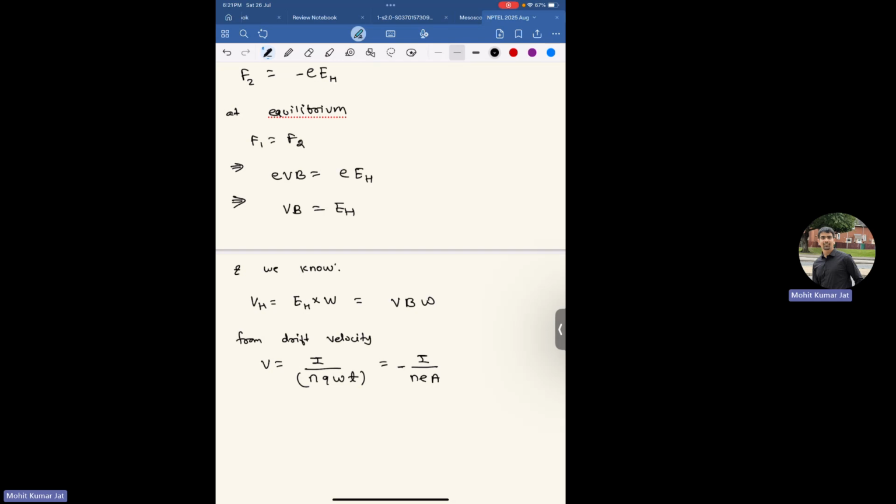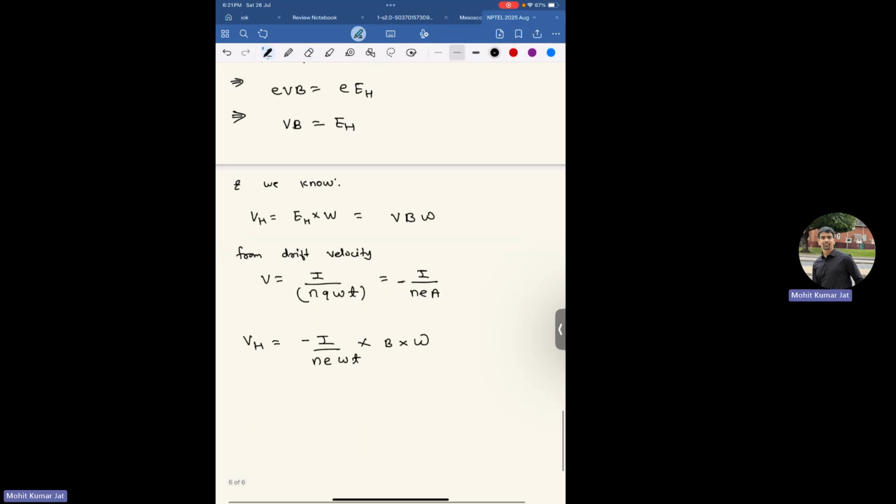And in that case, we will write VH is equal to minus I by N E W T multiplied by B times the width of the sample. And this VH will be minus I B by N E T.